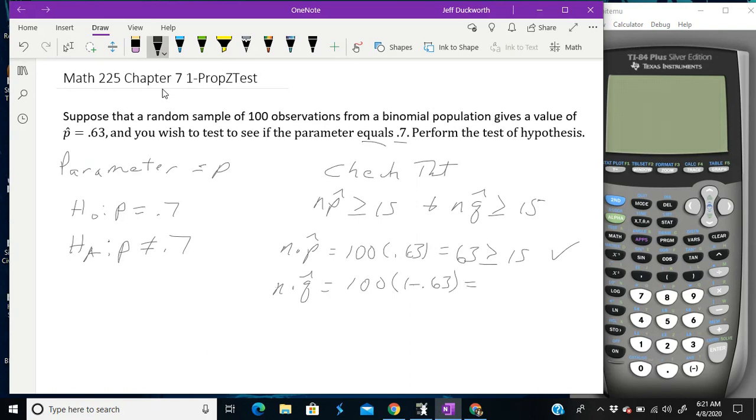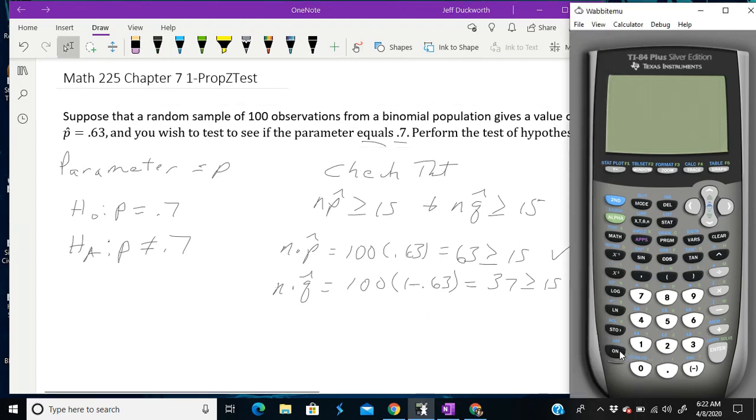So that's going to be 0.37. So this is 37. That is also at least 15. So our checks are good. So we can use the large sample. So we're going to use the calculator to determine whether or not we should reject or fail to reject the null hypothesis. So let's turn it on.